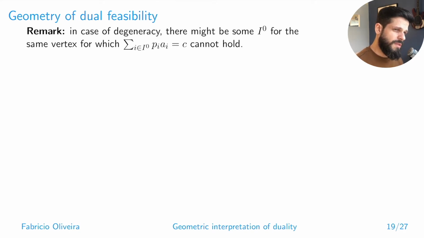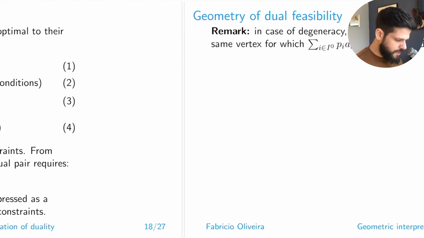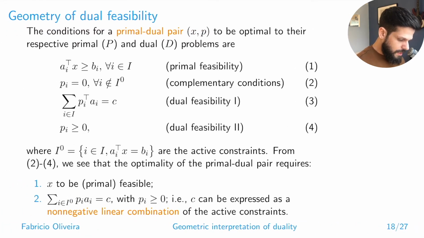One interesting thing I should probably mention is, notice that optimality is the combination of primal feasibility and dual feasibility, and of course complementarity conditions.